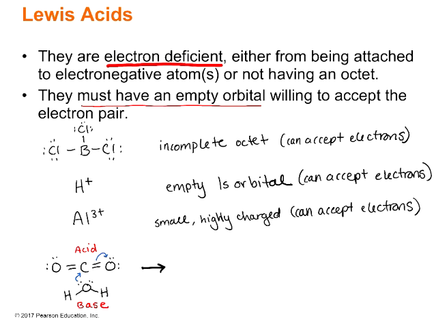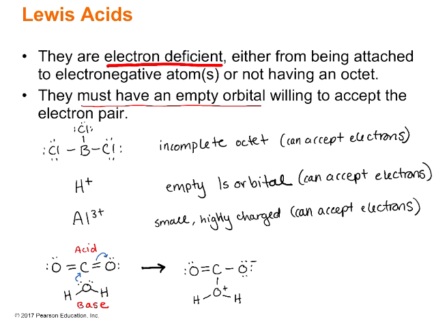We'll end up with carbon bonded to 3 oxygens. The oxygen to the right of carbon is going to end up with a negative charge because it's gained electrons. And the oxygen below carbon will end up with a positive charge because it's bonded to 3 different atoms, kind of similar to the hydronium ion.